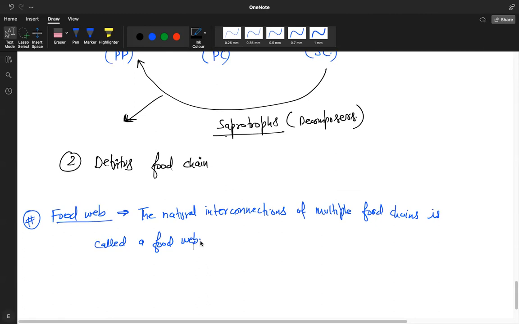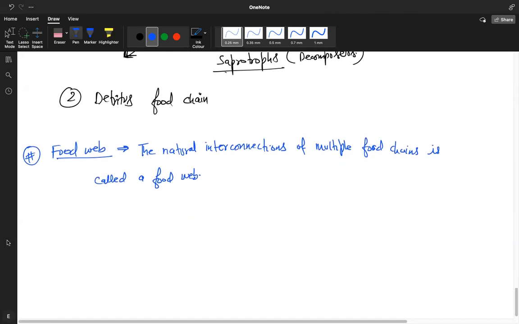And what is the trophic level? Write down. Trophic level. Write down based on the source of nutrition. Based on the source of nutrition, which means what do they eat and who do they get eaten by. This is what I mean.